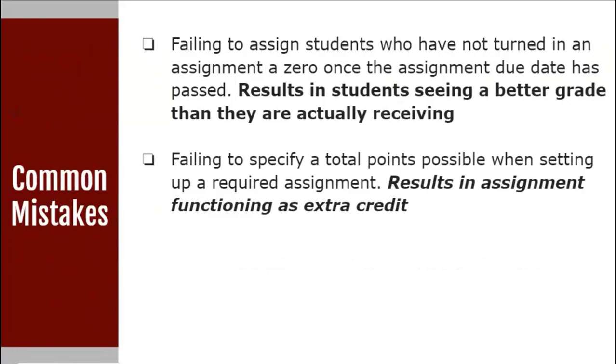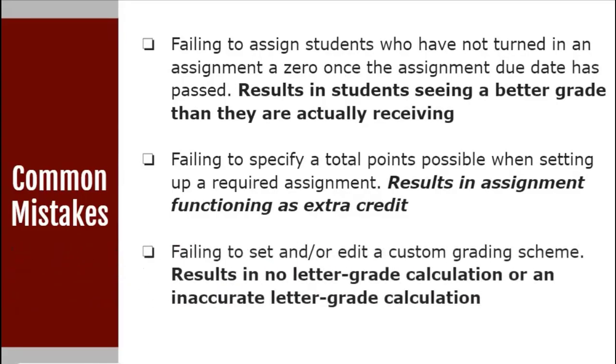Another issue is failing to specify total points when setting up a required assignment, and that will also mess up your grade weighting as well. And then if your grade scheme isn't set up, then the grade total column won't calculate correctly.